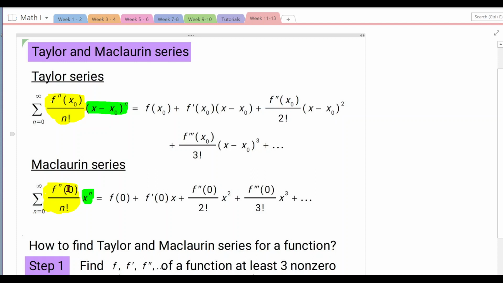The function itself at point 0, so we substitute x equals 0 in the function and then divide by 0 factorial because it's starting from 0, and then x raised to the power of 0 in the beginning. But x to the power of 0 equals 1, so we don't need to write it down.